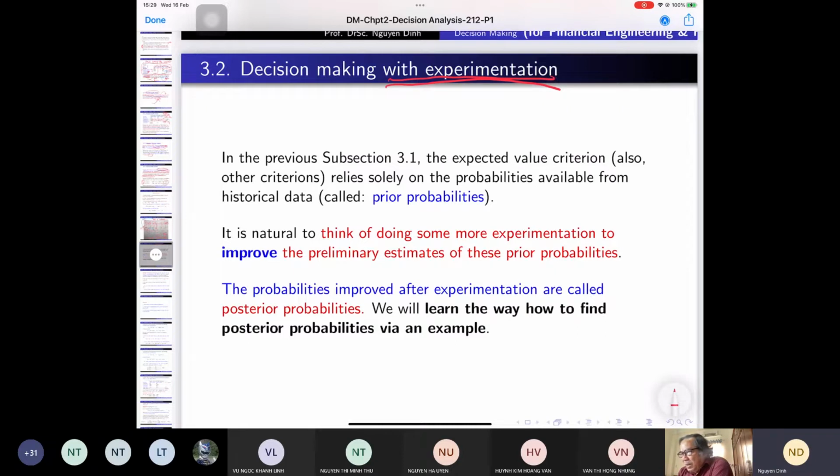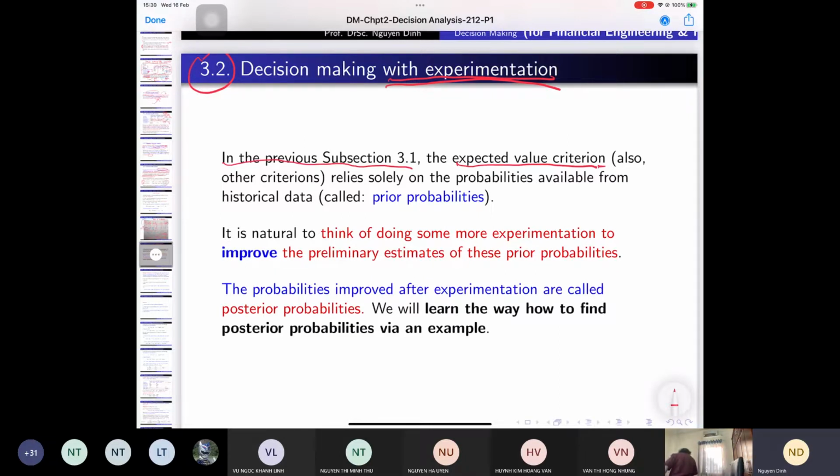In the previous subsection 3.1, now it is 3.2. You remember? Now it is with experiment. The expected value criterion, also other criterions. I may have made a mistake. You just wait a minute.